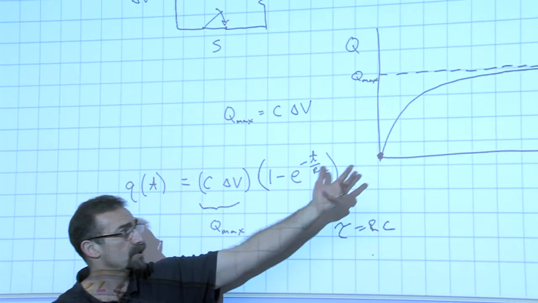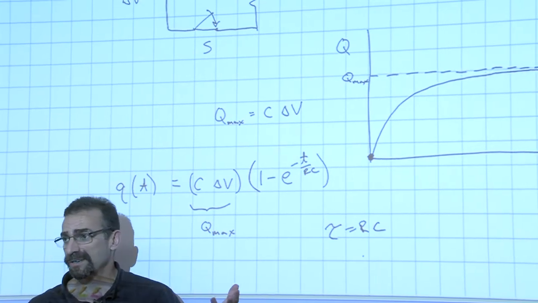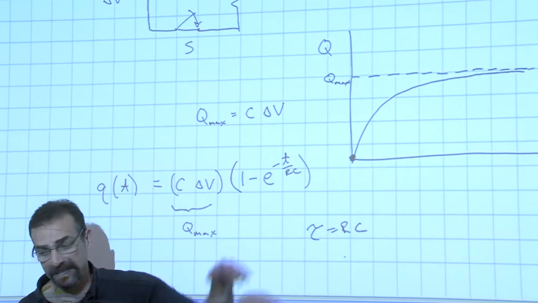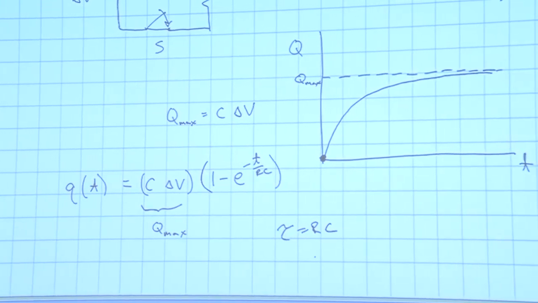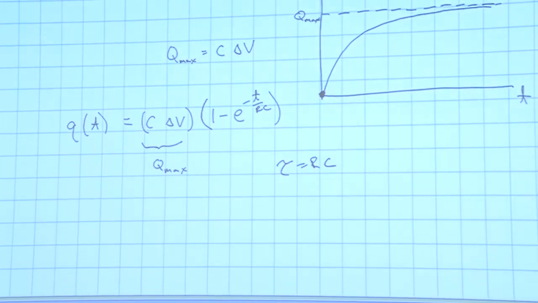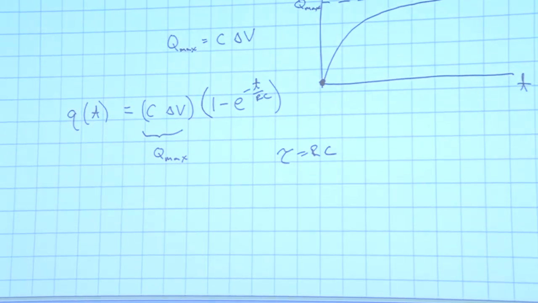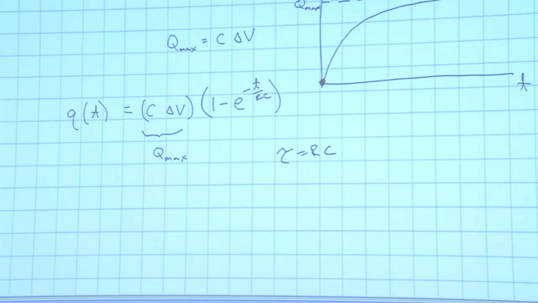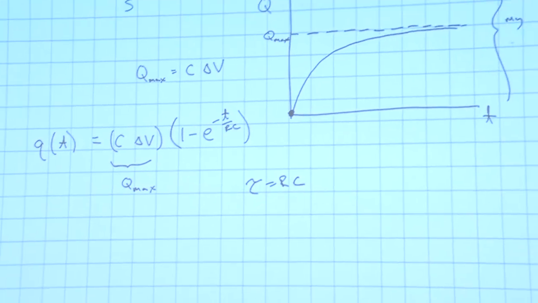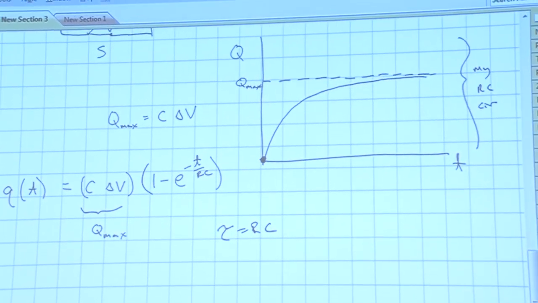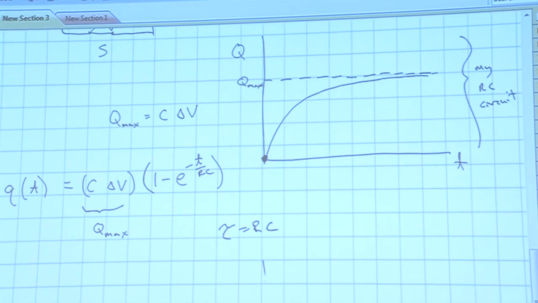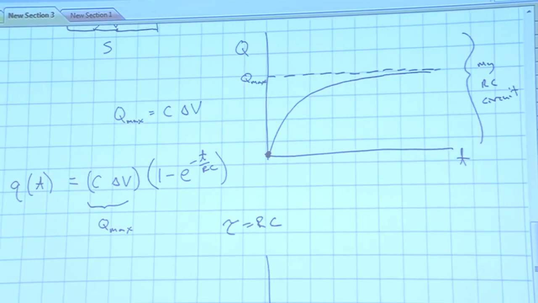If I have an RC circuit that has a certain response, and you have one that has a different response, we want to be able to compare them. Maybe this is my RC circuit, and this is your RC circuit.